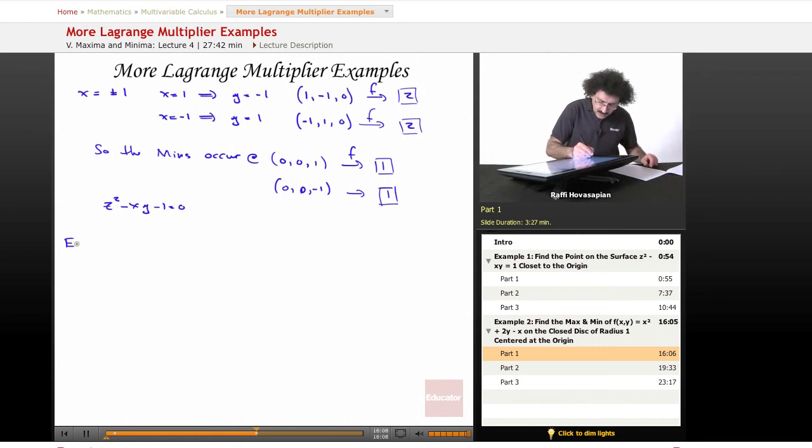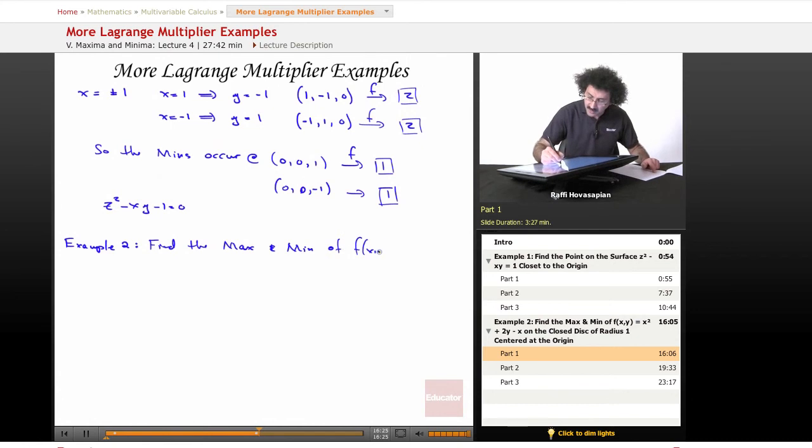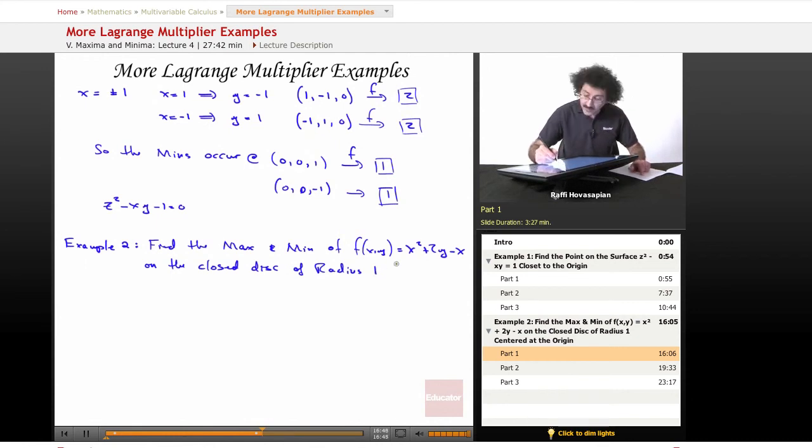So example number 2. Example 2. All right, find the max and min of f(x, y) = x squared plus 2y squared minus x on the closed disk of radius 1 centered at the origin.